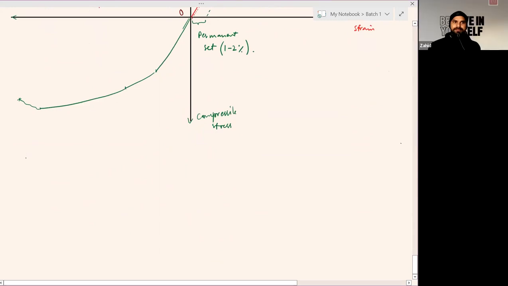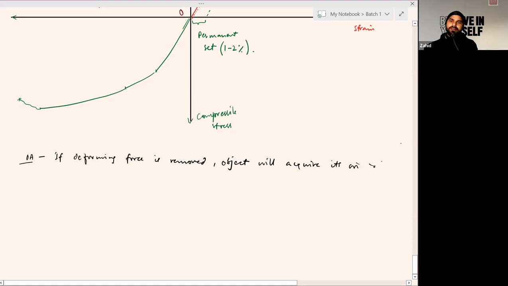So first is from O to A. If the deforming force is removed, the object will acquire its original shape exactly.